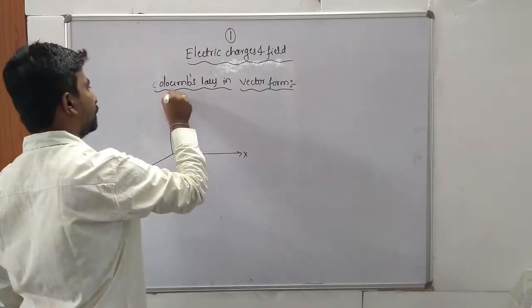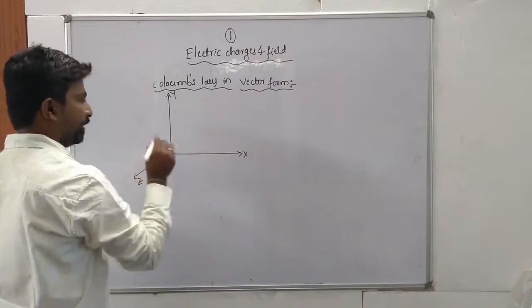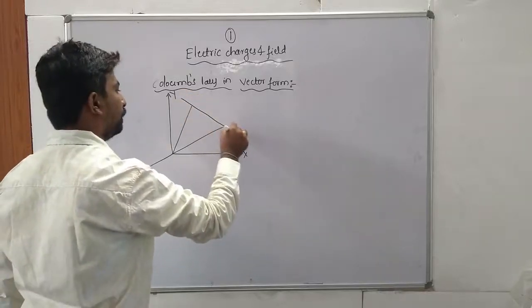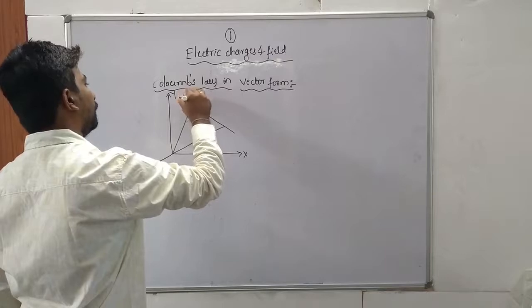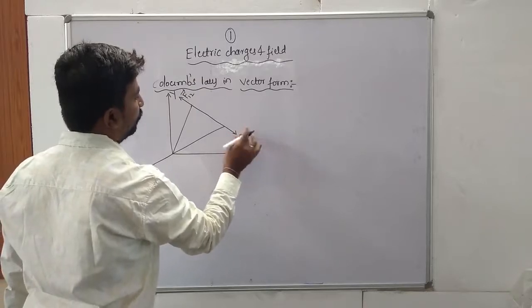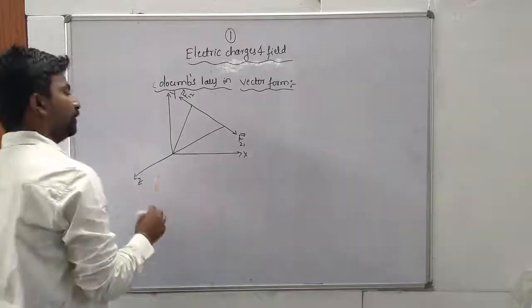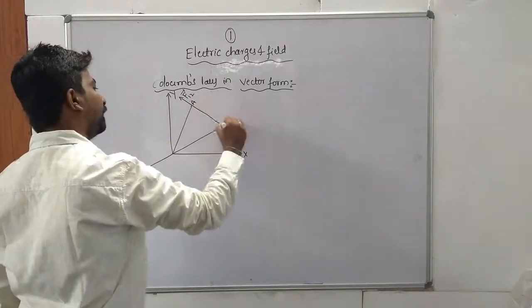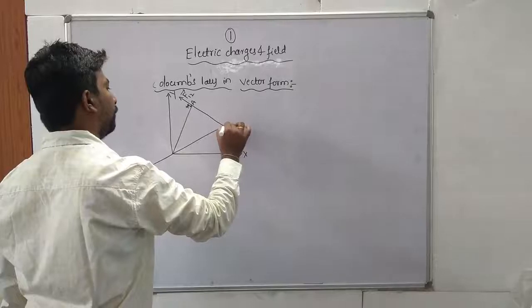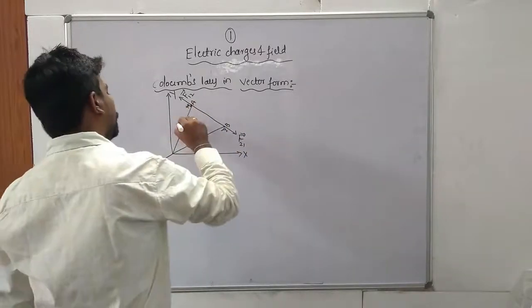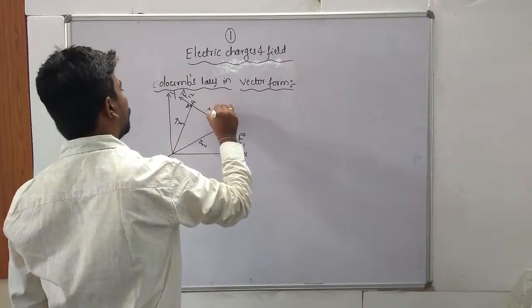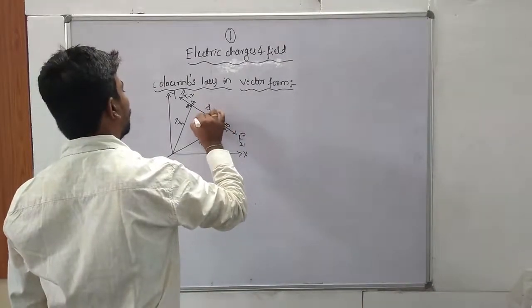So X, Y and Z axes, F12, F21, points A, B, plus Q and minus Q, R1, R2, R21, R12.